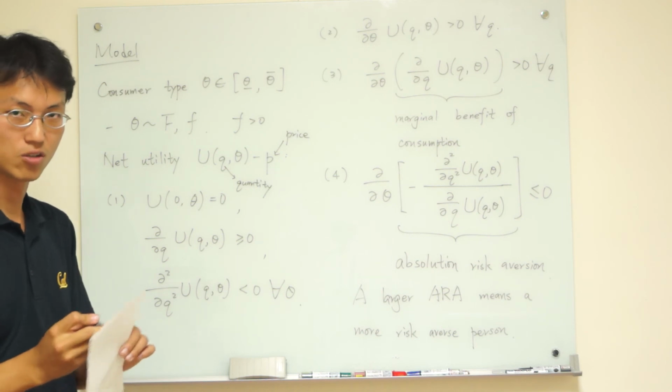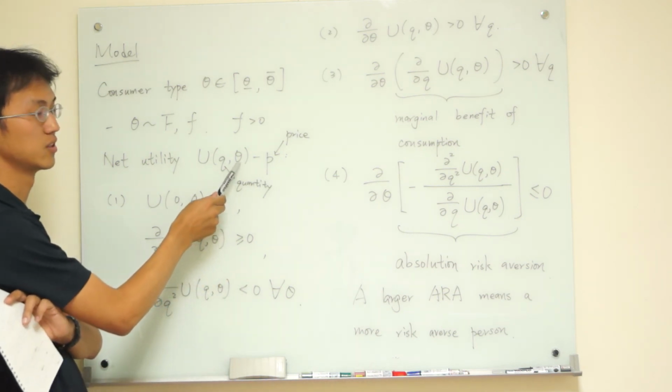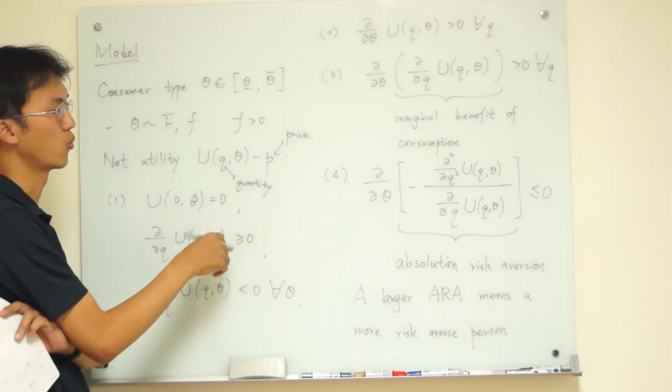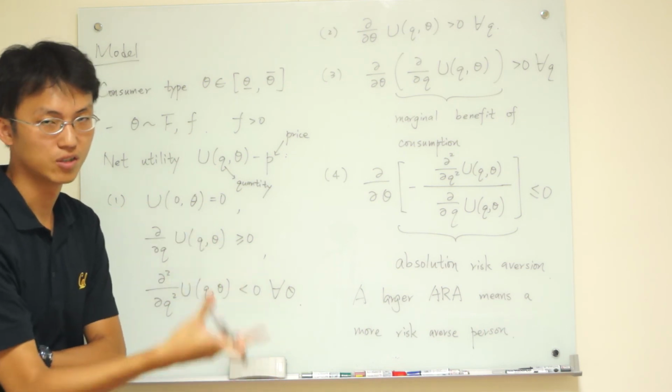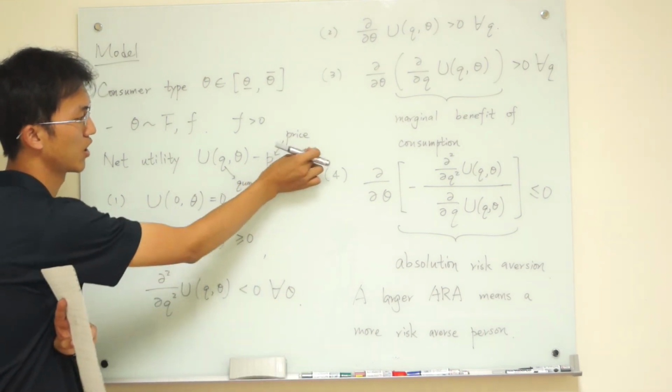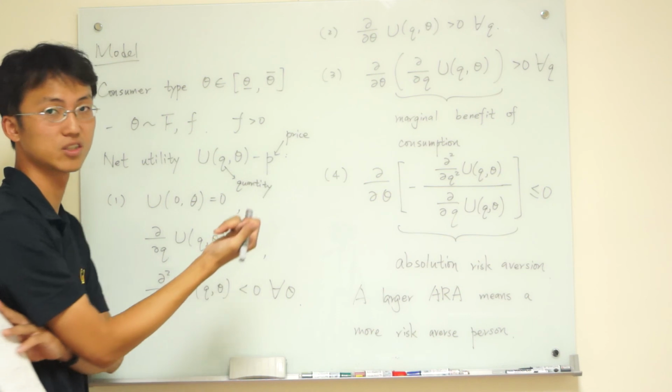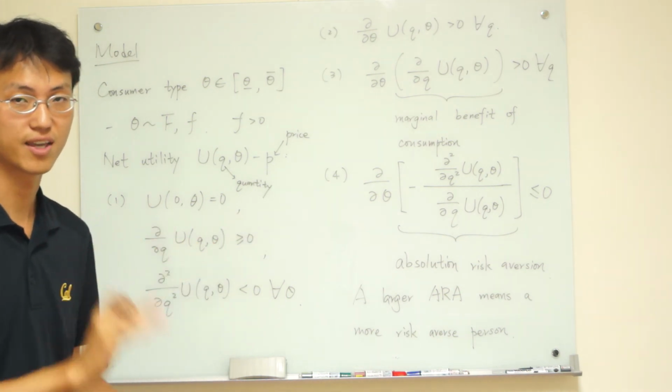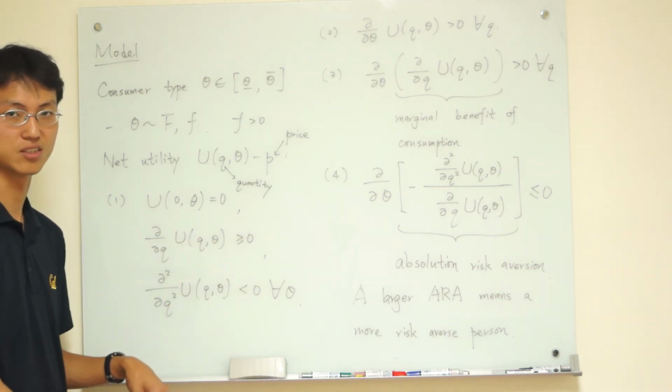Different consumers with different theta will feel different things when they choose the same quantity and price. So theta determines their utilities.